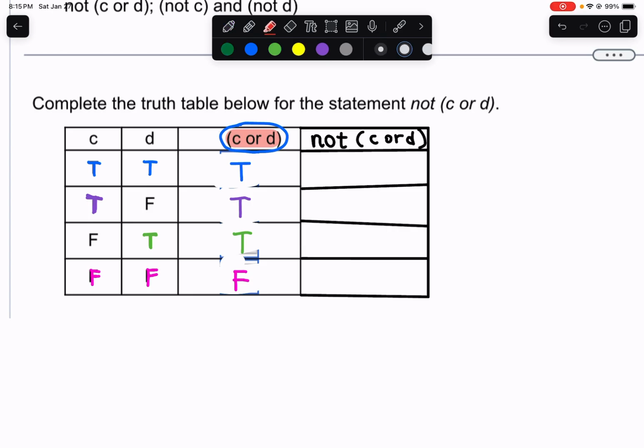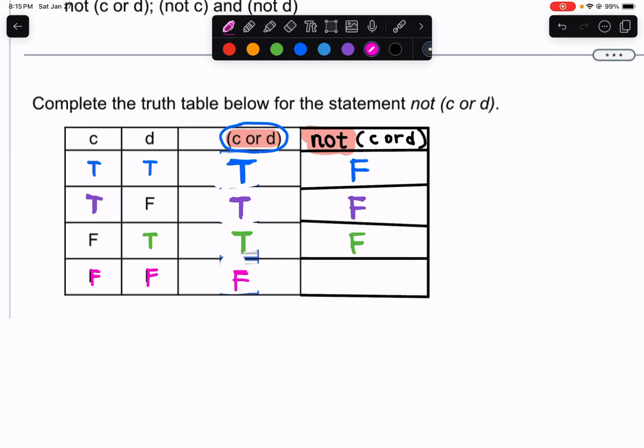Now, remember, negation is simply the opposite of that proposition. So if C or D is true, then the opposite of that will be false. If C or D is true, then the opposite of that will be F. Same thing. We're going to negate the true, so that will be false.